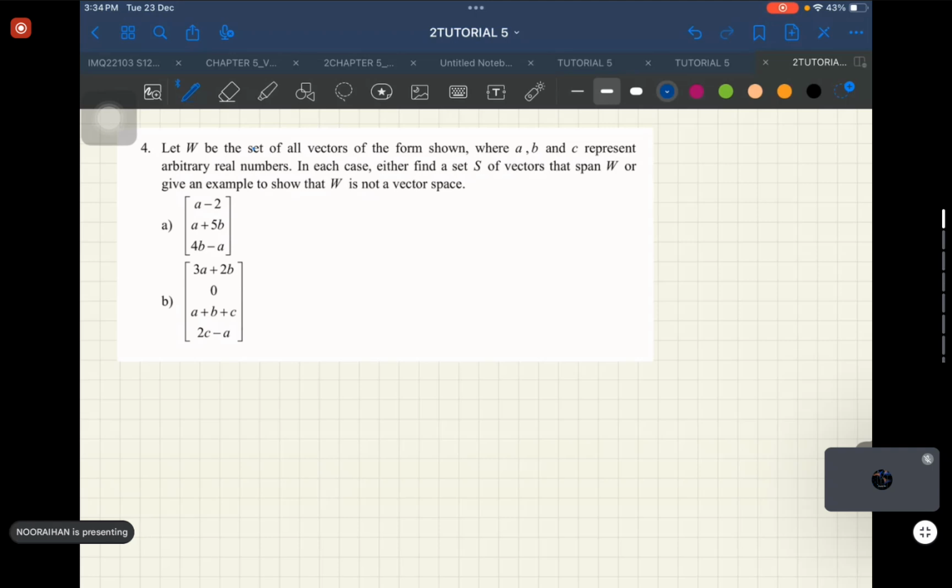Number 4A. The question asks you, is it a vector space? When you look here, for A you have two terms or two parameters, A and B, and for B you have three parameters, A, B, and C. So first you check whether you can write it as a span set, whether you can find the spanning set.